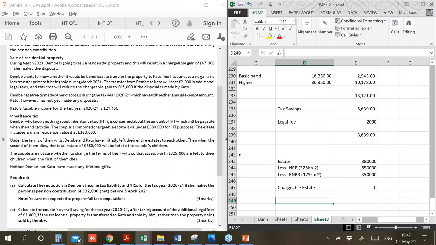And underneath you write and tell your examiner that, as they have not made any previous lifetime gifts, number one, they will have their full nil rate band available.